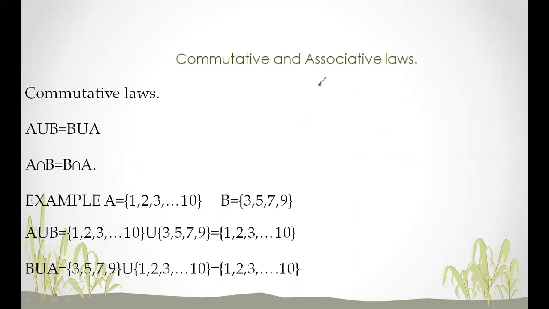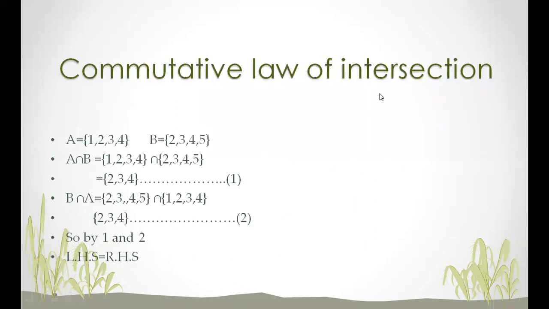Next we see the commutative law of intersection. Here is an example of the intersection of A and B, which is equal to 2, 3, 4. 1 does not belong to the other set, so we do not write 1 in A intersection B. The common elements of A and B are 2, 3, 4.